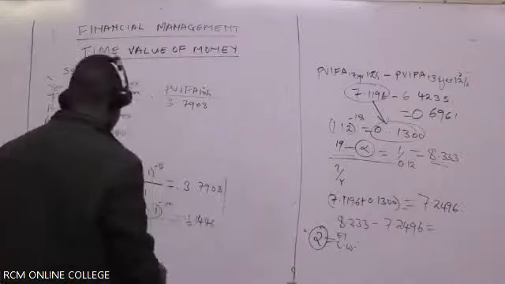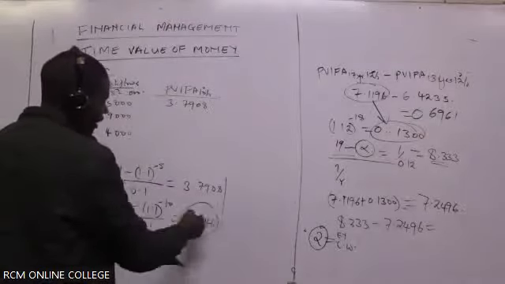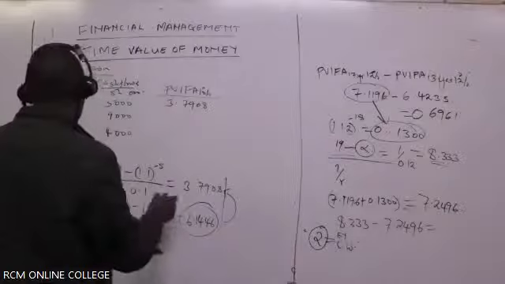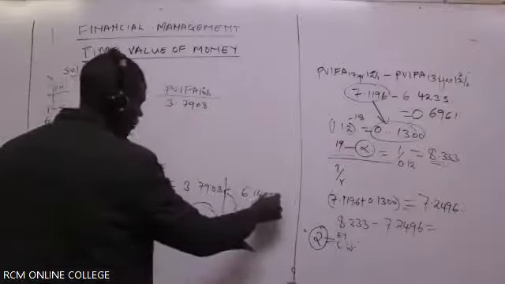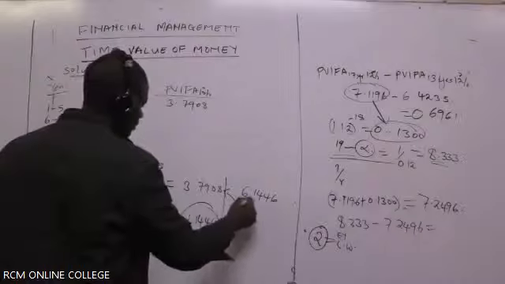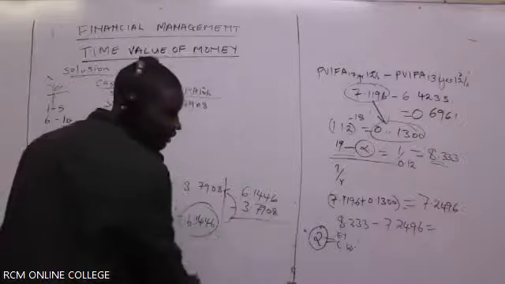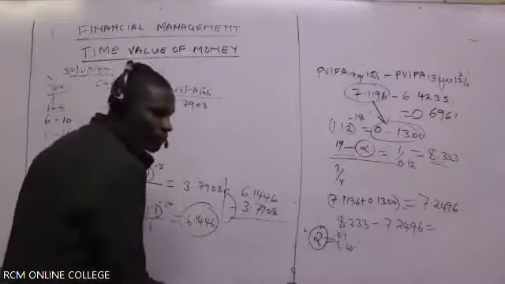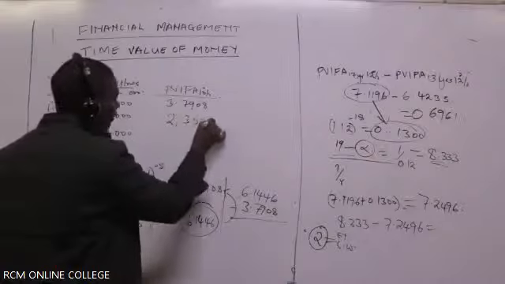For us to get the range between 6 and 10, we take the factor for 10 years less the factor for 5 years: 6.1446 minus 3.7908, which is 2.3538.